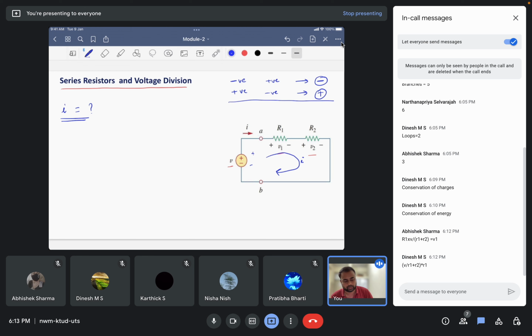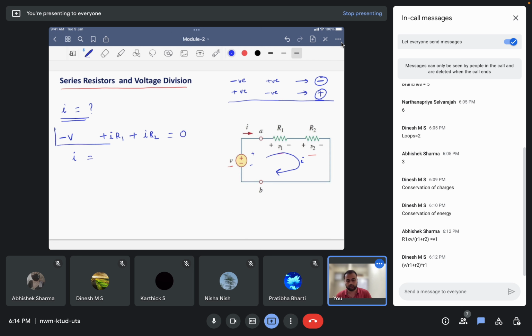So we write minus V because current is flowing from the negative terminal to the positive terminal of the cell, equal to, positive to negative, so plus I into R1, again positive to negative, so plus I into R2. Here I made a mistake: this is plus, and in the whole loop it has to be 0.